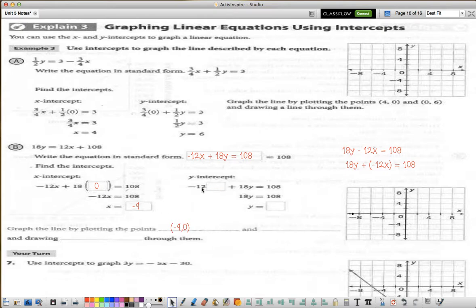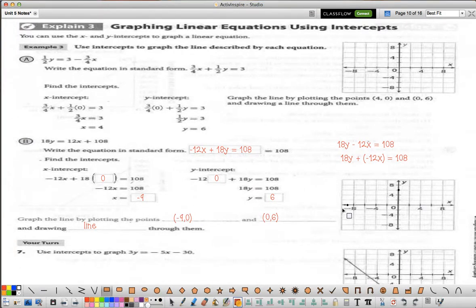So I have negative 12 times 0 because I want the y-intercept. So I replace the x with 0. And I'm left with 18y equals 108. I divide both sides by 18 and I get 6. So my y-intercept is 0, positive 6. So I'm at 0 and I go up 6. Now I have 2 points. To finish this off, I would draw a line through them.